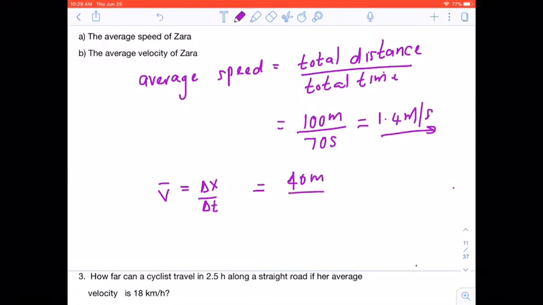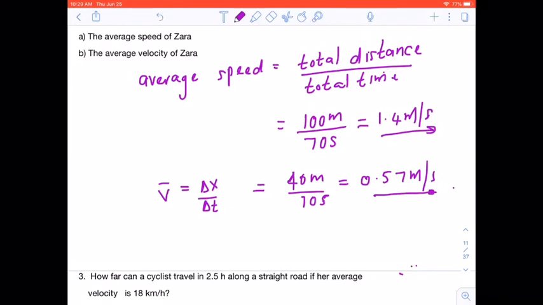That's how far it is from the original point, divided by 70 seconds, and that gives us 0.557 meters per second.